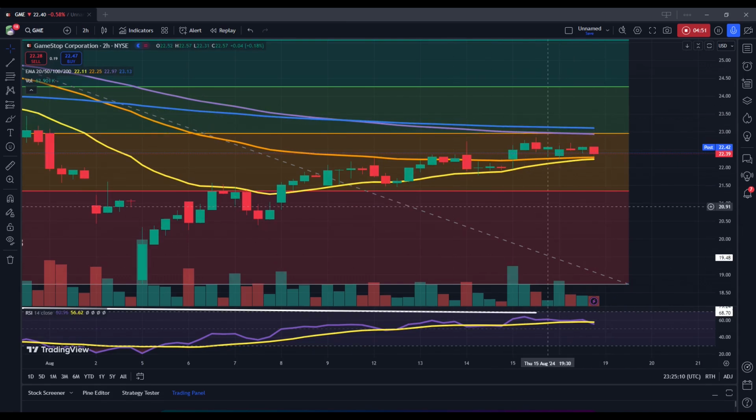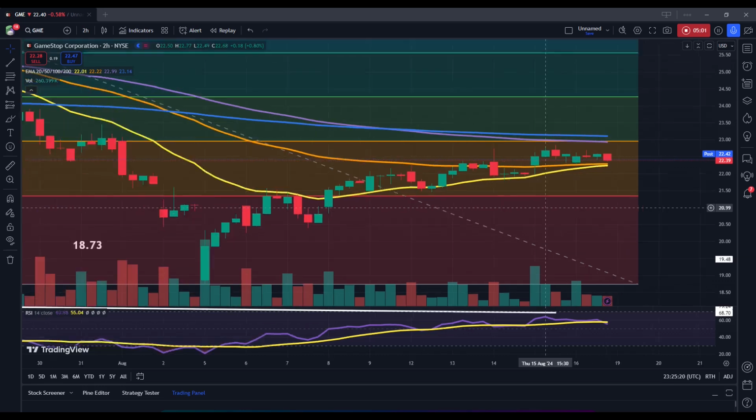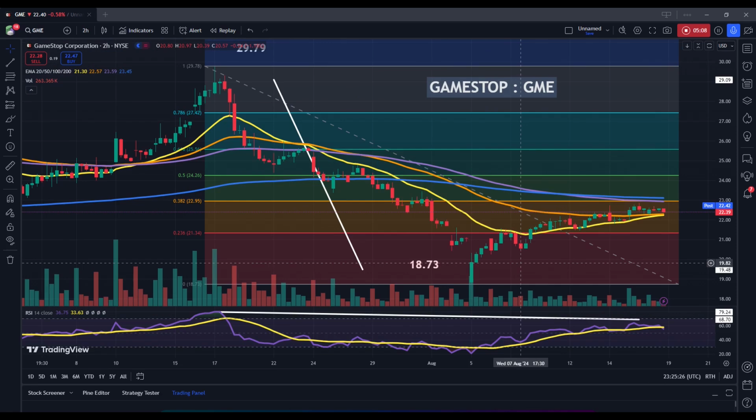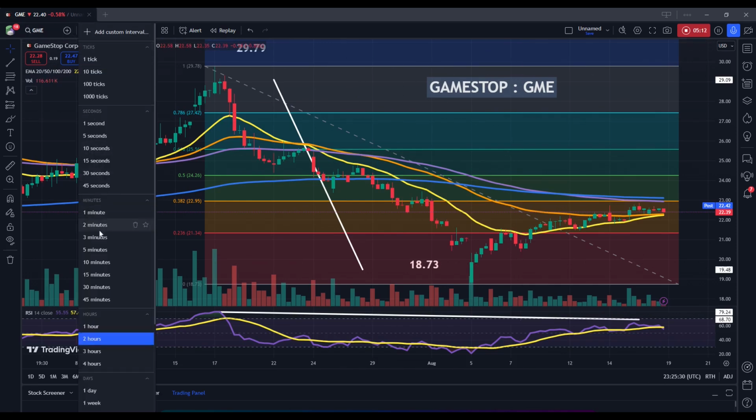It's a little bit easier to see on the 2-hour price chart. I prefer to use the hourly price chart because then that allows us to see the 100-hour EMA and the 200-hour EMA. But the way that this price chart is structured really doesn't allow for much leeway in terms of how these things can actually be plotted out.